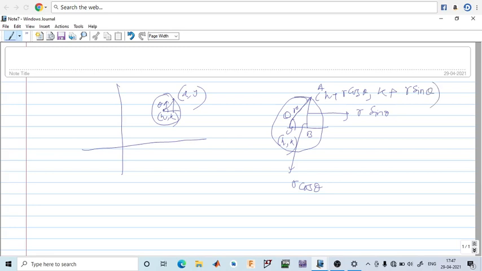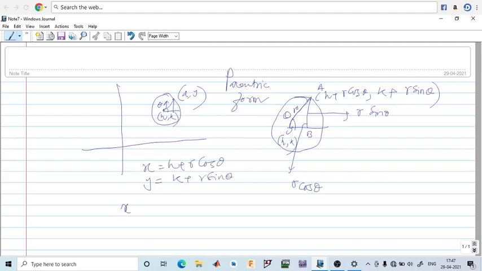This A, which is defined by some trigonometric angles, is known as parametric form. So x is h plus r cos theta, y is k plus r sin theta.